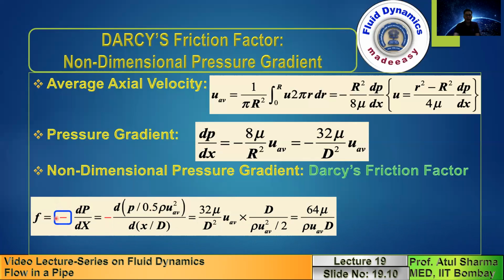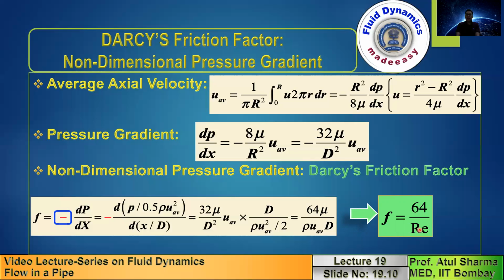But note that Darcy's friction factor is minus the non-dimensional pressure gradient, not plus the non-dimensional pressure gradient. So the negative of the non-dimensional pressure gradient is the Darcy's friction factor, and that is expressed for a laminar flow as 64 divided by Reynolds number.